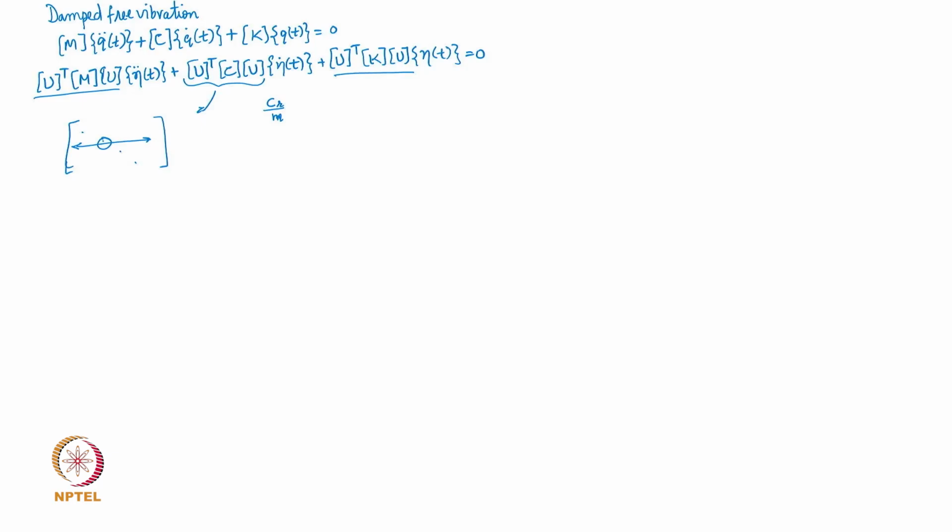If we assume the equations as decoupled, then this diagonal element would be similar to Cr upon Mr. Now, we can write this as Cr upon the critical damping coefficient Cc, times Cc over Mr, and we know that this is equal to zeta r, the damping ratio in the Rth mode, and Cc is going to cancel out Mr because Cc is 2 Mr omega Pr.